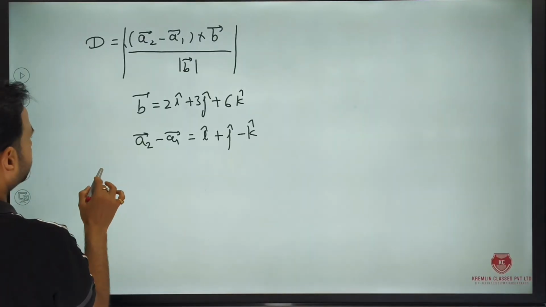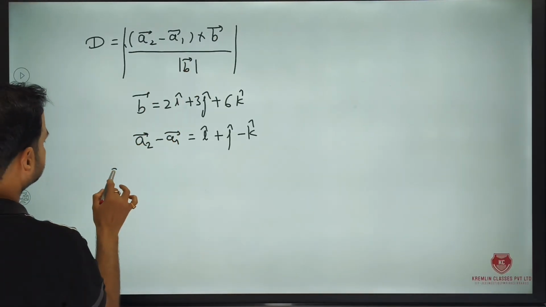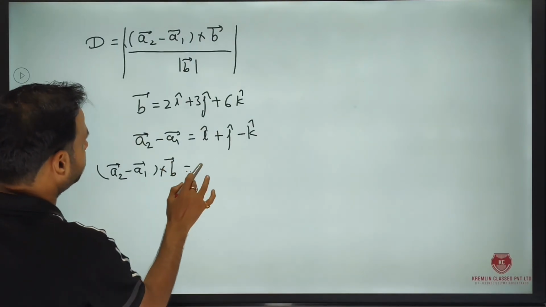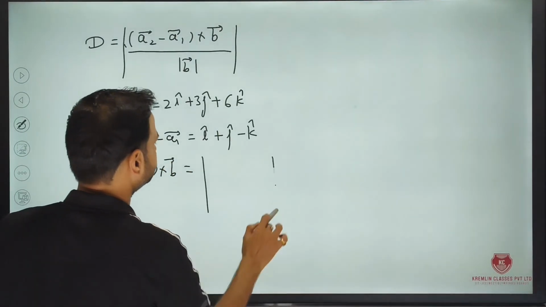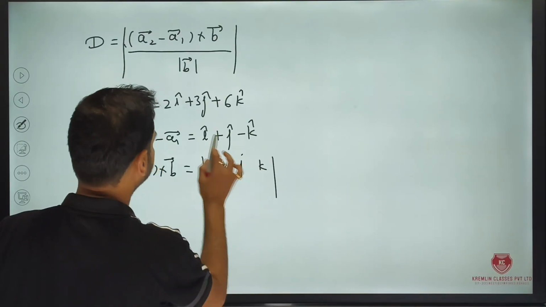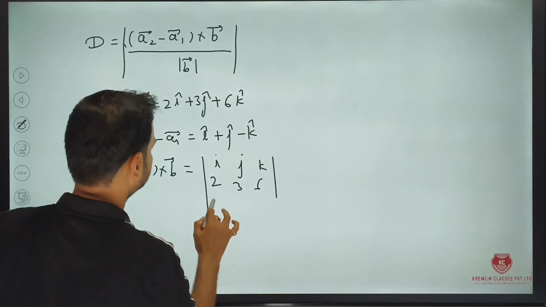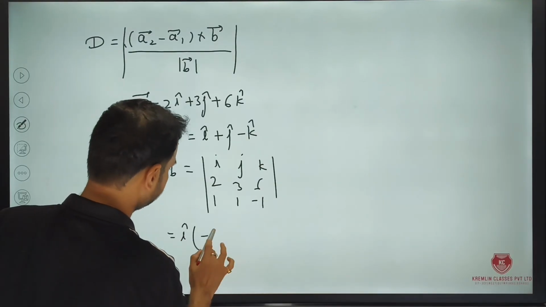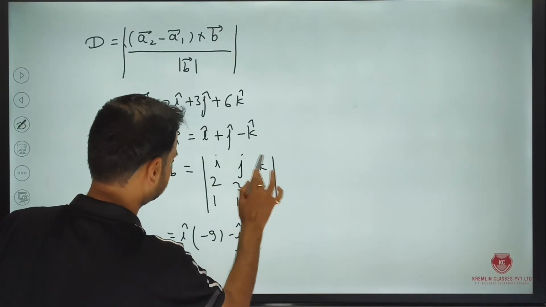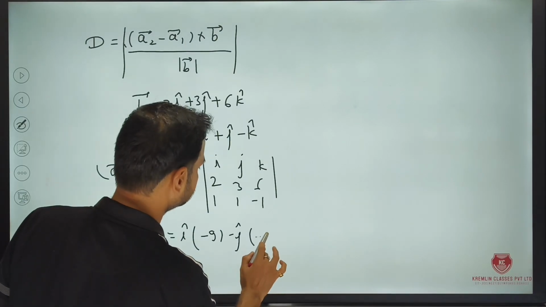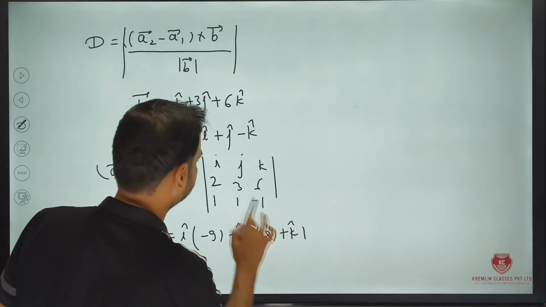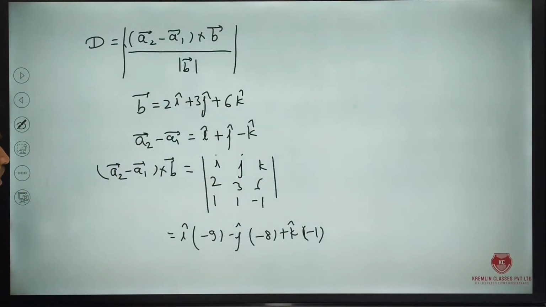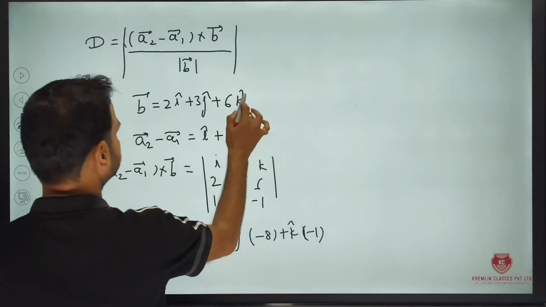Now we have to find a2 vector minus a1 vector cross b vector. First we will find it separately. By the cross product, i, j, k, 2, 3, 6, 1, 1, minus 1. So it will be i cap times minus 3 minus 6, minus j cap times minus 2 minus 6, plus k cap times 2 minus 3. Okay, this is a2 minus a1 cross b. And what is mod b?